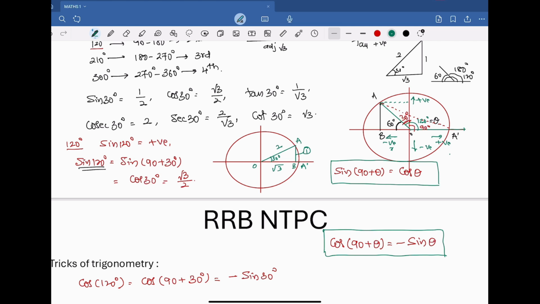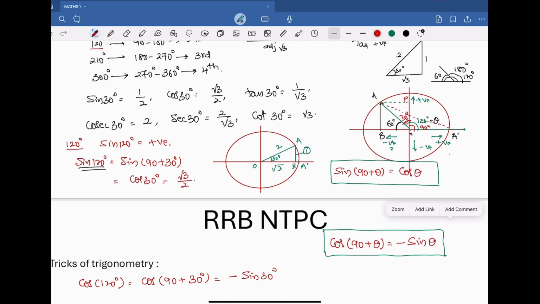Sin 120 is sin 90 plus 30. Now you just see, sin means opposite side. What is the opposite side? Let us say it is some P. AP is opposite, and PO is the adjacent side for 30.